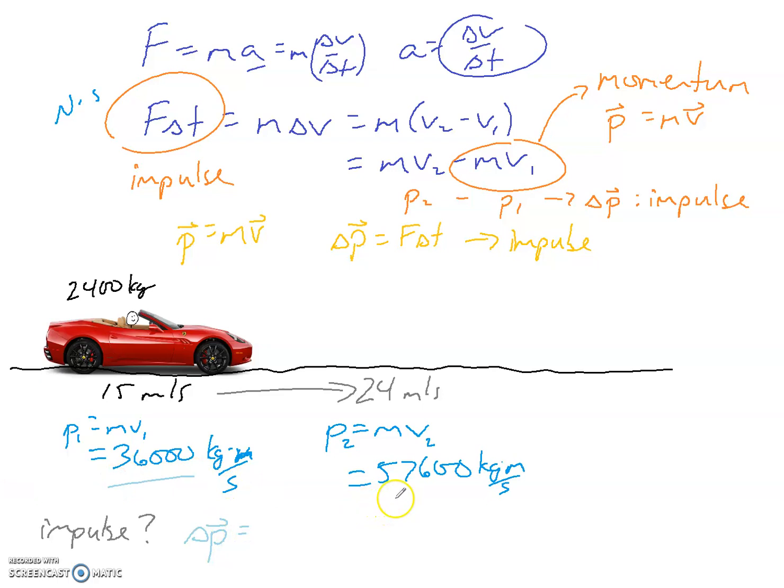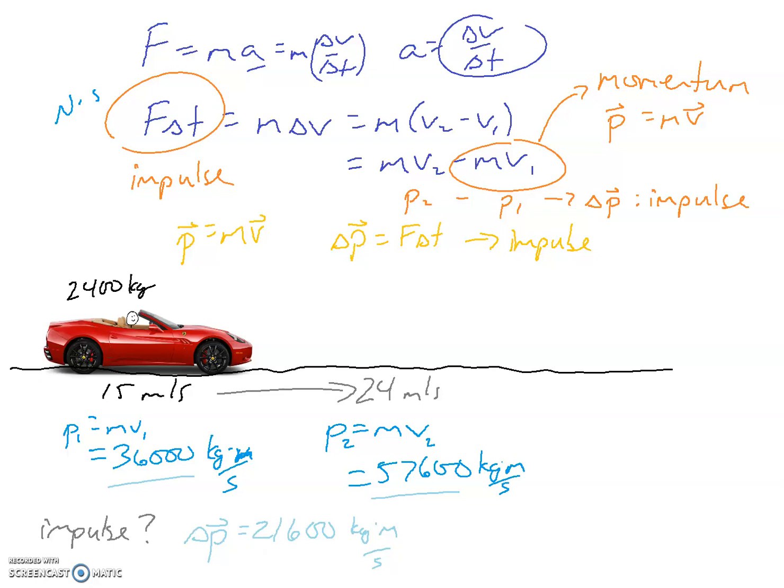It went from 36,000 to 57,600, so I just subtract the two to find the change, which is around 21,600 kilogram meters per second. That's my impulse. It went up by 21,600. If it slowed down, the impulse would be negative. So positive impulse, you're going faster. Negative impulse, you're going slower.